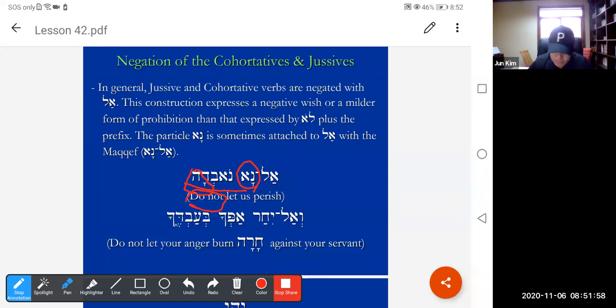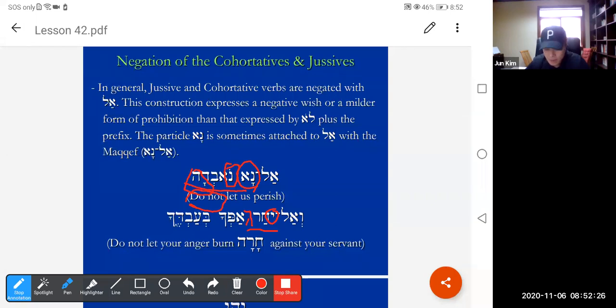Okay? And what is this? This is not cohortative because cohortative must be the first person, and then this one is the yod. So it has something to do with the third person. And praise the Lord, this is a kara, and there must be the third he, and then we cannot see the third he. And praise the Lord, this is the clear indicator of jussive.